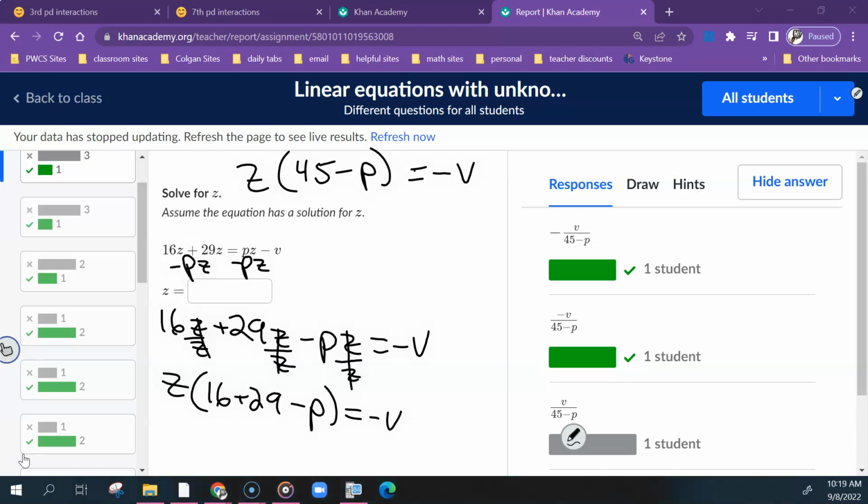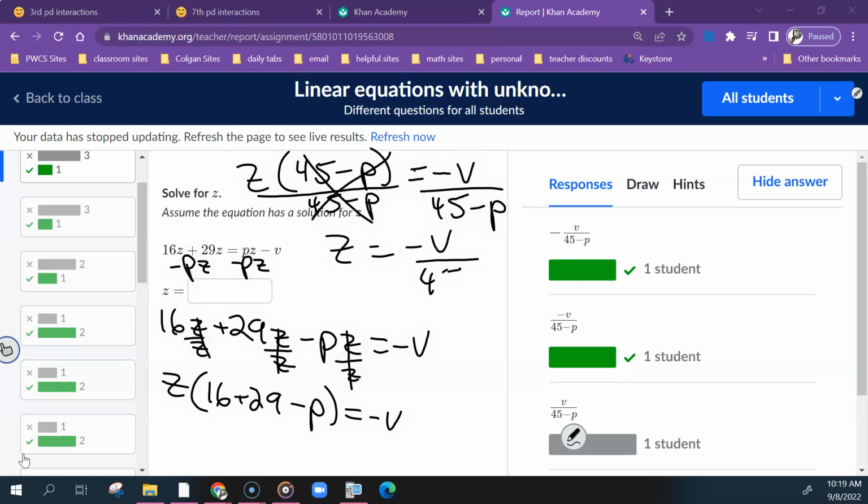And then to get z completely by itself, instead of multiplying it, because then I'd have multiple z's, I can get rid of this inside by dividing it on both sides. So then this inside cancels, and I'm left with z equals negative v over 45 minus p, or you'll see that the negative is outside. Either of those would be fine.